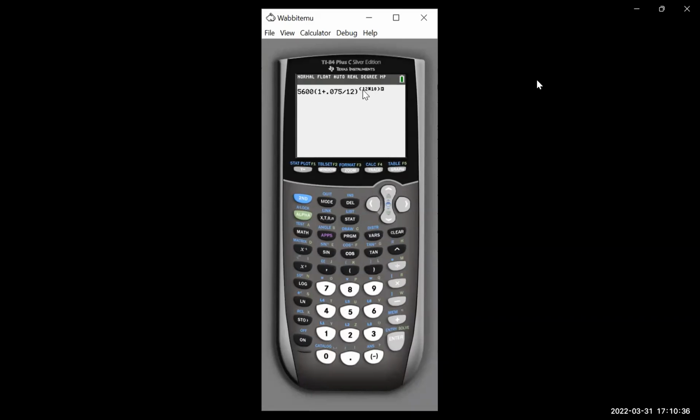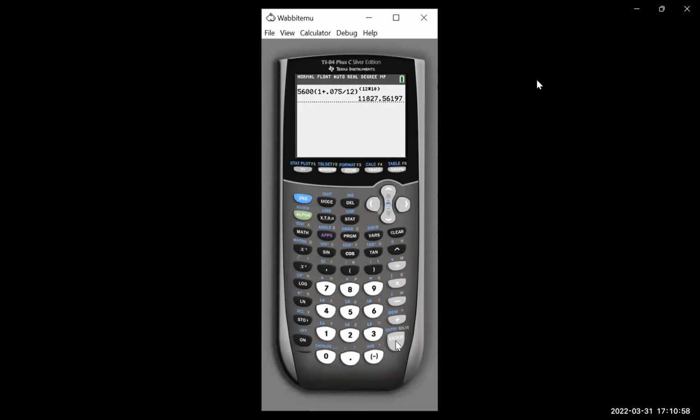Some calculators, if you don't, only the 12 will be up there, but the 10 will be on the bottom. So you don't want that. All right, enter, and you should get $11,827.56. So that is the final answer.